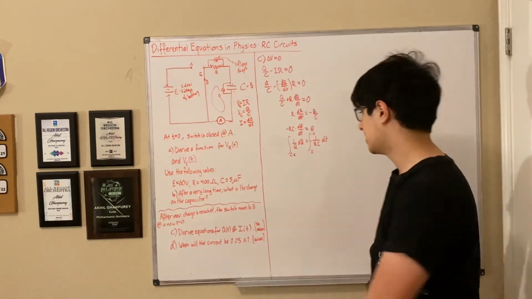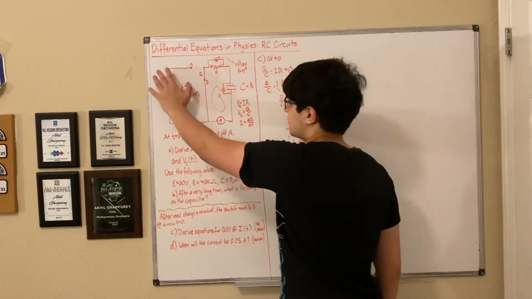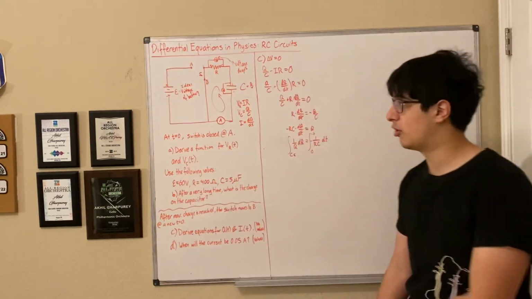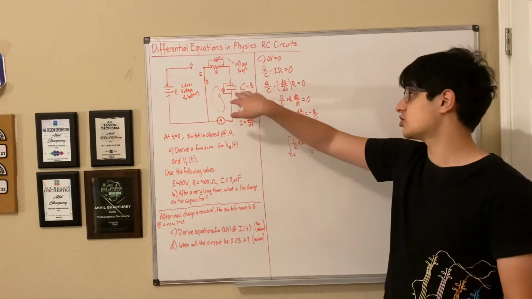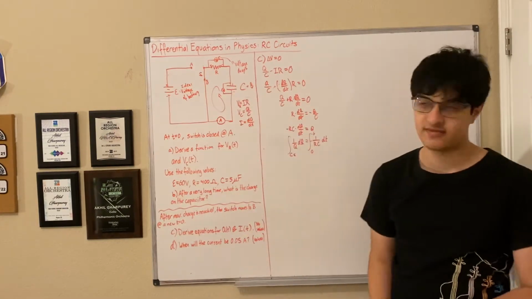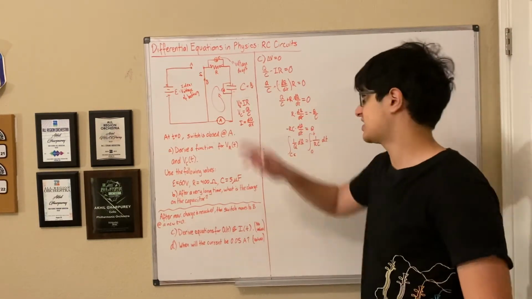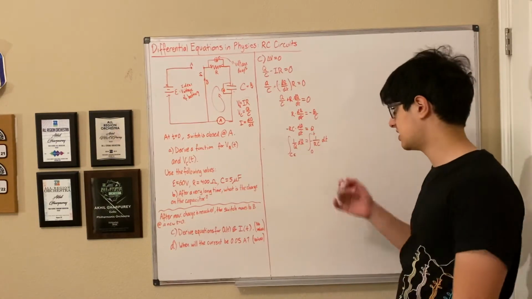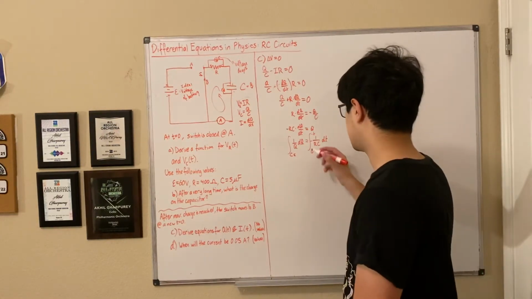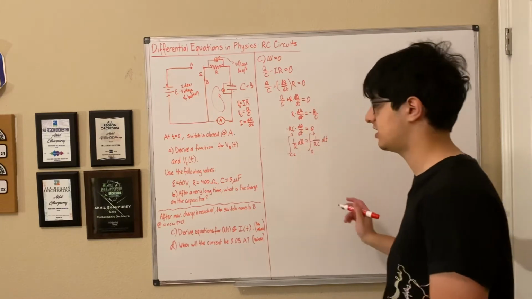Now it's weird though, because we're including the EMF of the battery even though it's kind of gone from the circuit. But remember, we were charging this circuit to the capacitance times EMF, and then we switched it. That's why the EMF is still kind of relevant. So this is going to go from C epsilon to just some variable quantity Q.